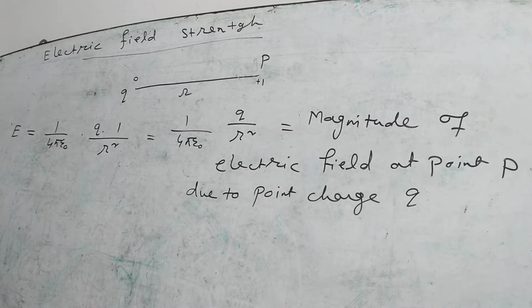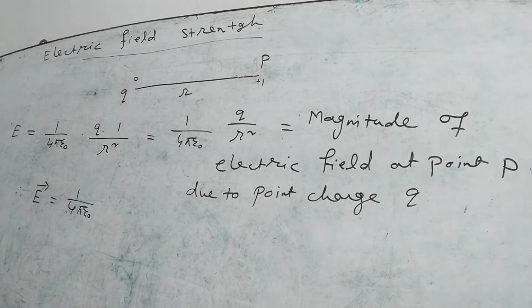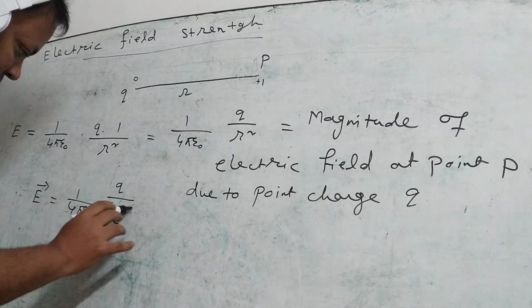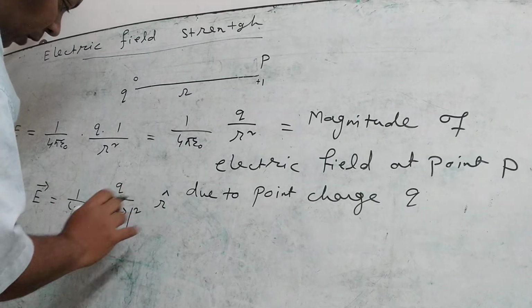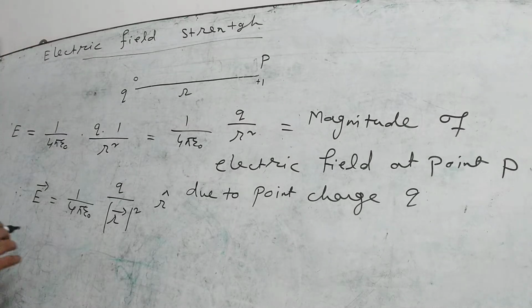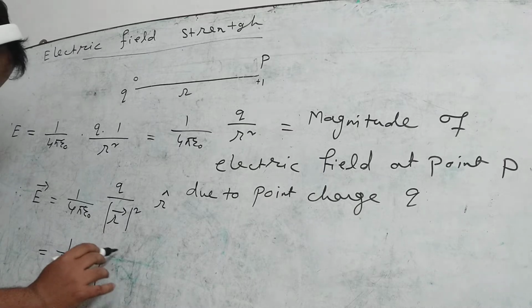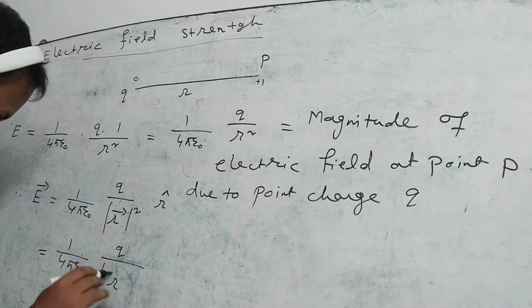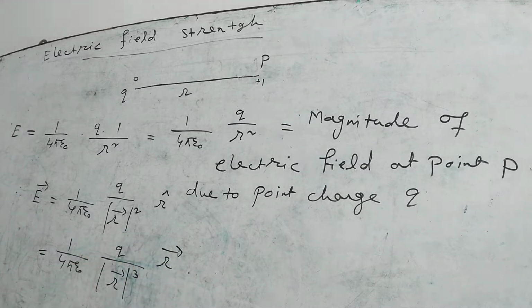The vector form of E can be written as E is equal to 1 by 4 pi epsilon 0 Q by magnitude of R vector square into R cap, or E is equal to 1 by 4 pi epsilon 0 Q by R vector whole cube into R vector.